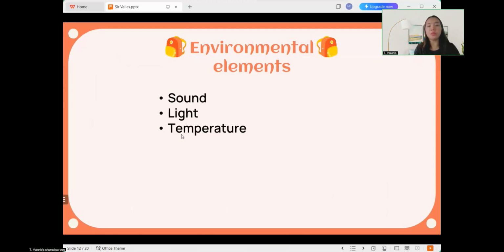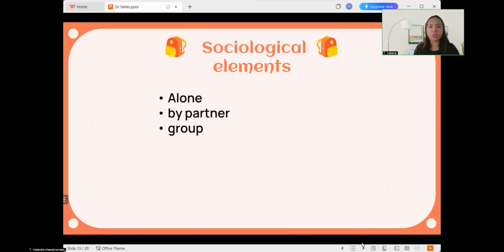Some learn best when the temperature is cold, warm, or hot. Let's have sociological elements. Some learn best when they are alone, with their friends, by group, or with their colleagues.